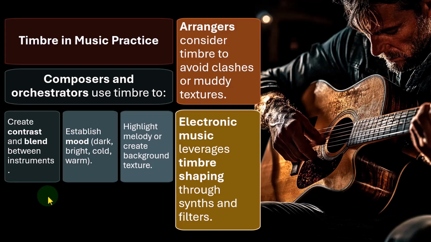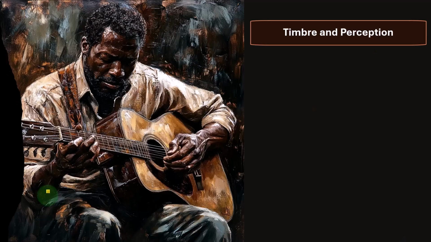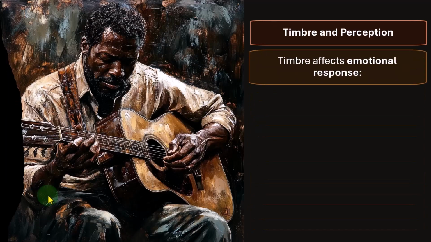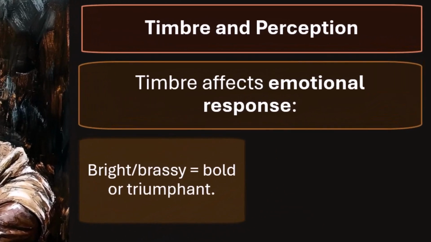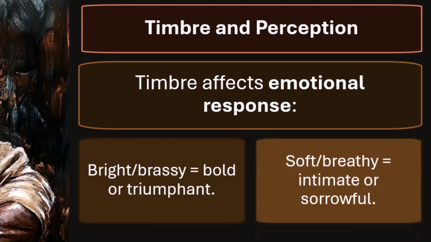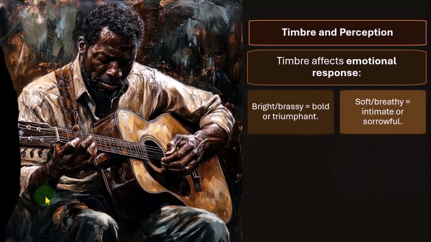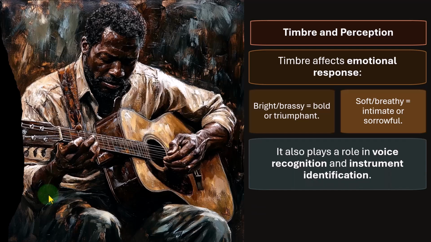So electronic music leverages timbre shaping through synths and filters. So timbre and perception. Timbre affects emotional response, bright, brassy, bold, and triumphant versus soft, breathy, intimate, or sorrowful. It also plays a role in voice recognition and instrument identification.